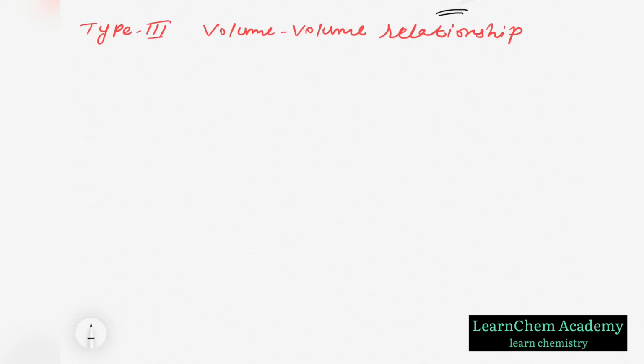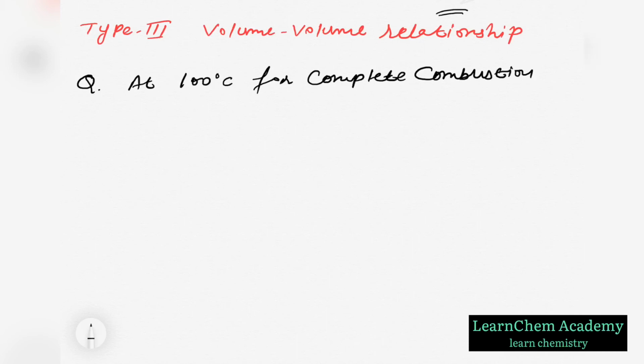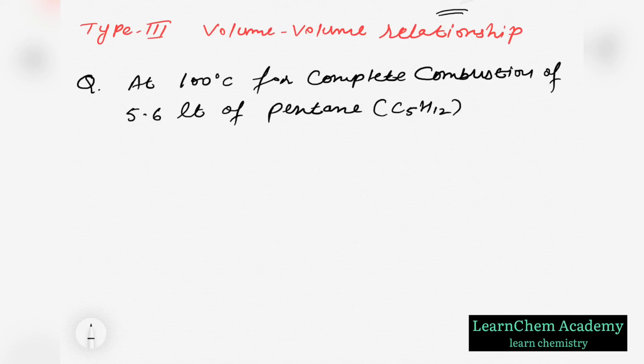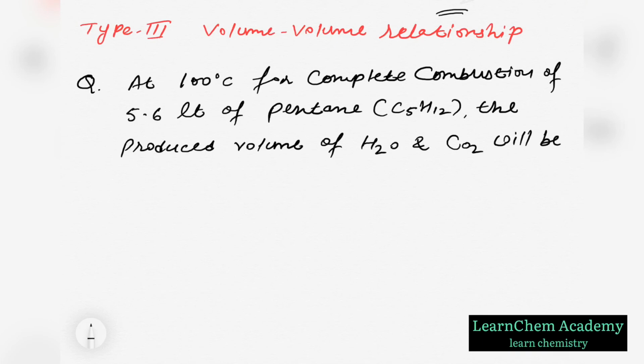In case of volume relationship, we can write a question: at 100 degrees centigrade, for complete combustion of 5.6 liter of pentane C5H12, the produced volume of H2O and CO2 will be?